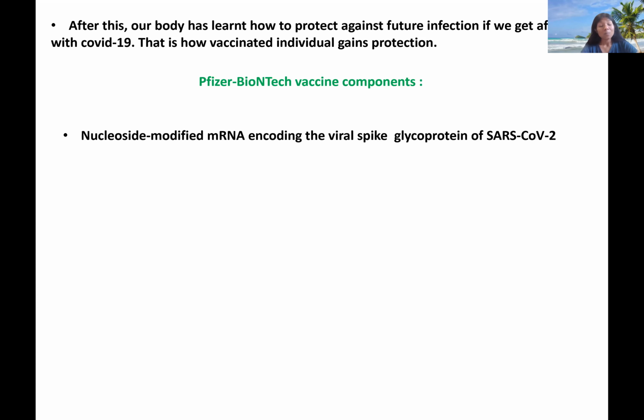So, of course, the first biological ingredient is the nucleoside modified messenger RNA that is encoding the viral spike glycoprotein of the virus. Okay, it is obviously that mRNA. It is the key ingredient. It is the main thing we have in these mRNA vaccines.